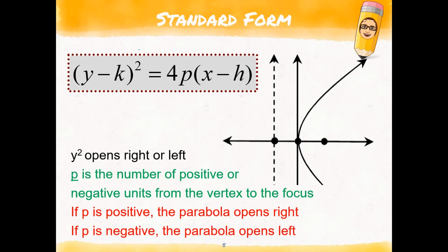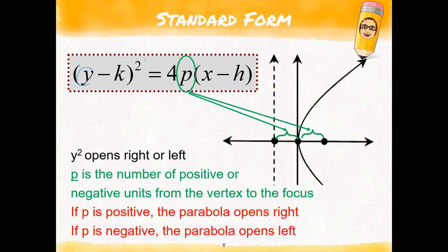If our graph is left and right, we will notice that the y will be what is squared. So this is a y squared. And again, that p is going to identify how far left or right your vertex is from the focus and from the directrix. If my p is positive, the parabola opens to the right.